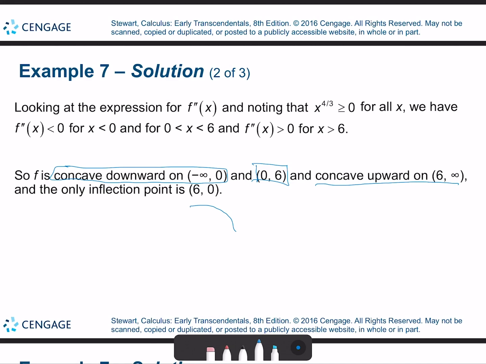And the only inflection point that we have is at 6. What's an inflection point again? Where our concavity is changing from concave downward to concave upward. And when does that change happen? When you've got an x value of 6. That transition from this interval to this interval.